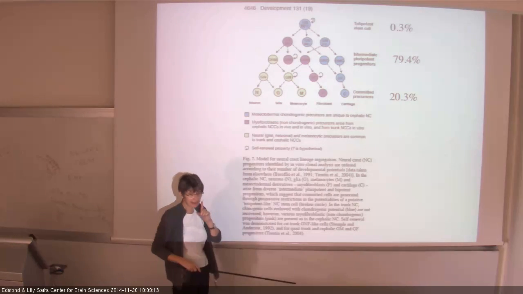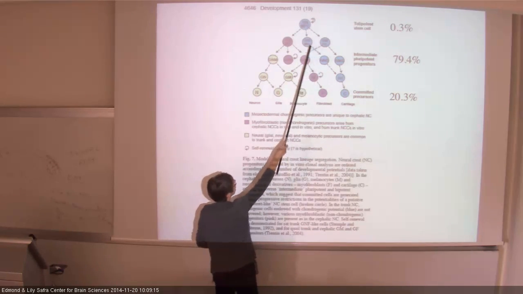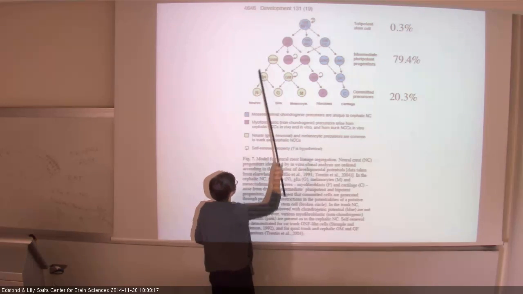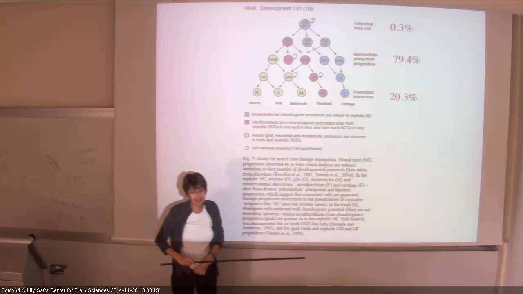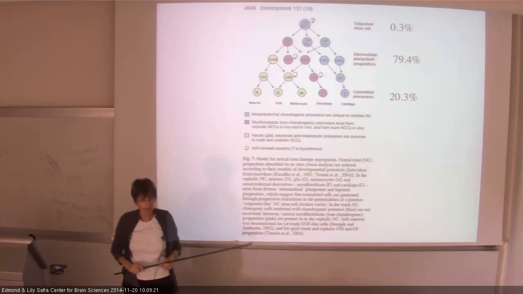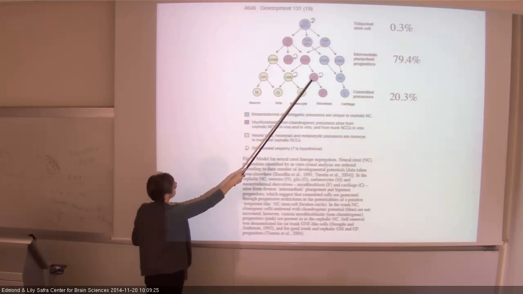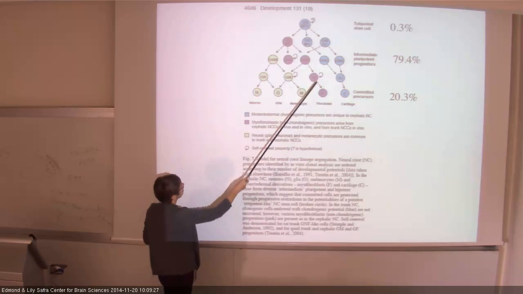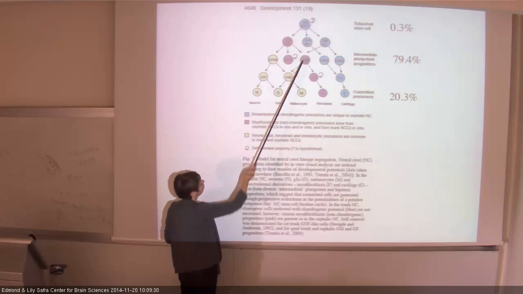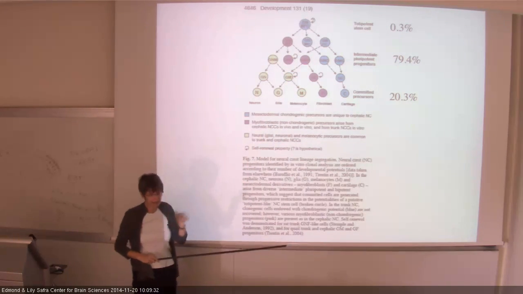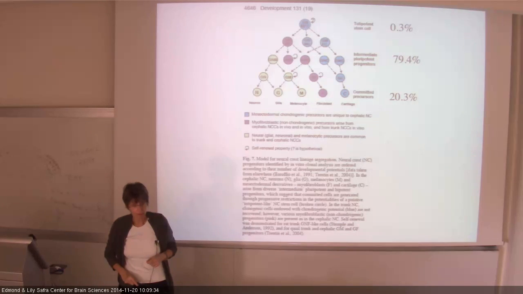Then, and this is interesting, 80% of the clones had mixed types of derivatives, namely glia and neurons, or glia and melanocytes, glia and fibroblasts, and so on, or 3 cell types or 4, in stochastic combinations.